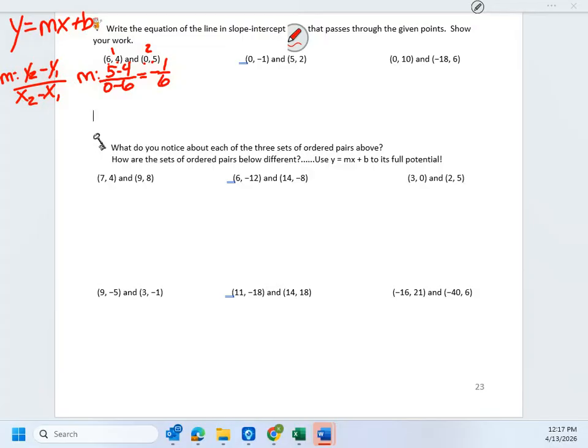Now, look at how I just wrote that. Is it clear that it's negative 1/6? That negative sign and the fraction bar are super close. When I'm grading a test and somebody writes that, I might mark it wrong because it looks like a positive 1/6. That negative sign kind of gets lost in there. So what I need you to do is to be very specific when you write it.